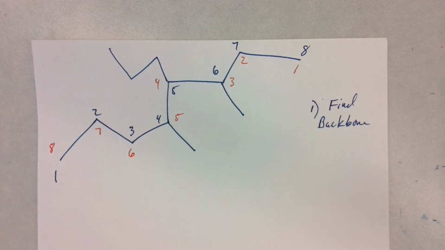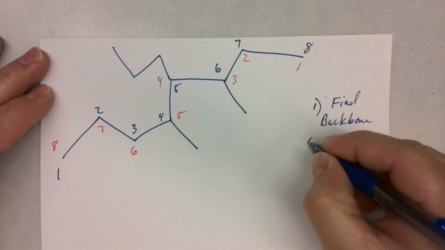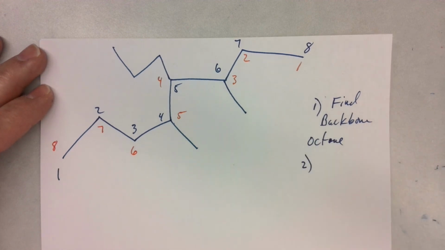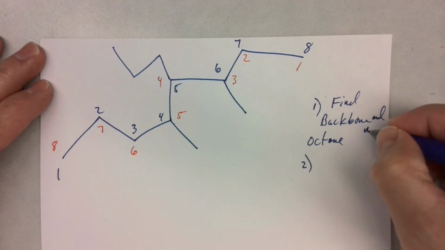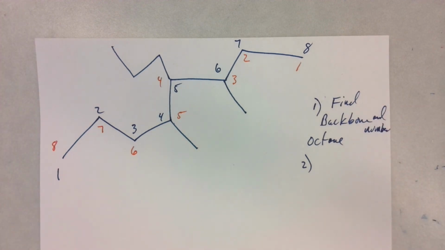Right? But no matter what, I know this is going to be a what when I'm done? Yeah, I know this is going to be an octane. Okay? Now, number 2. So let's say find backbone and number. So I've got it numbered, and we numbered it both ways just to be safe.